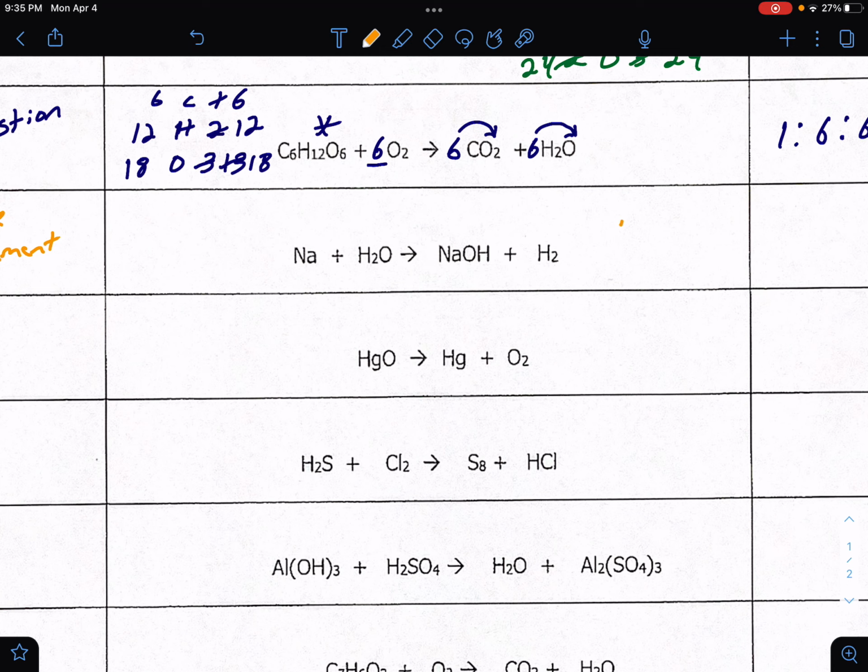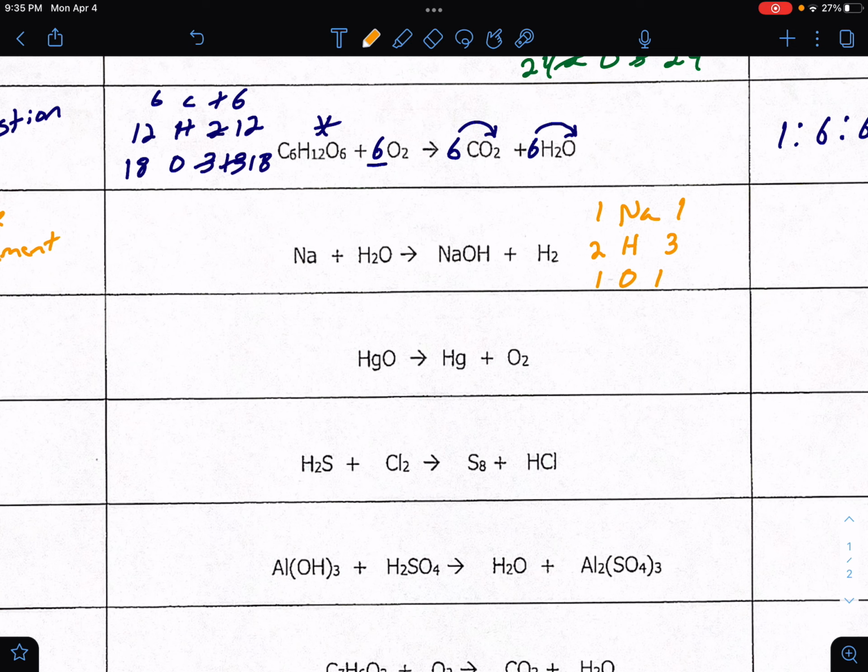Okay, so I've got Na, and I've got H, and then I've got O. On the left I have 1 Na, 2 H's, and 1 O. On the right I got 1 Na, I got 3 H's, and I got 1 O. So my Na's and O's are good, so I just need to get my hydrogens.